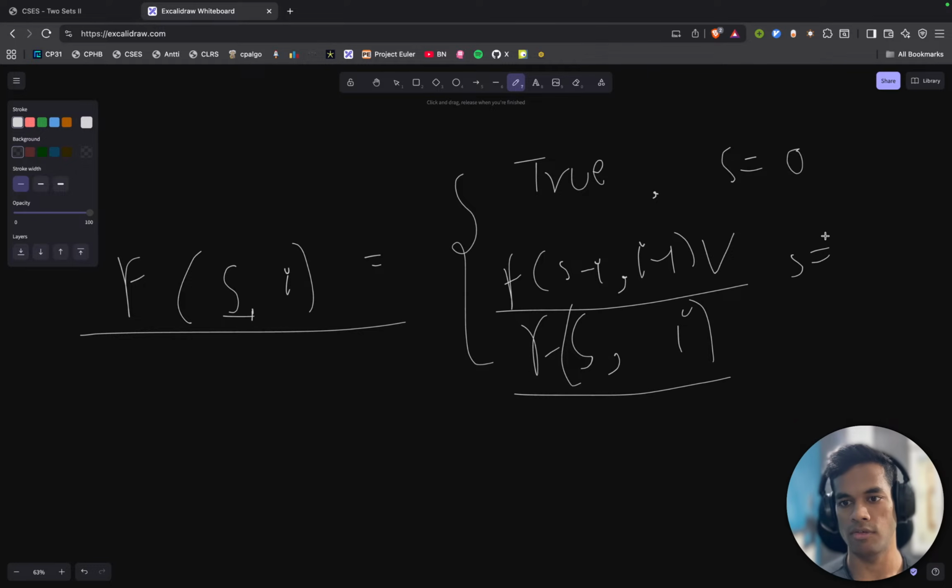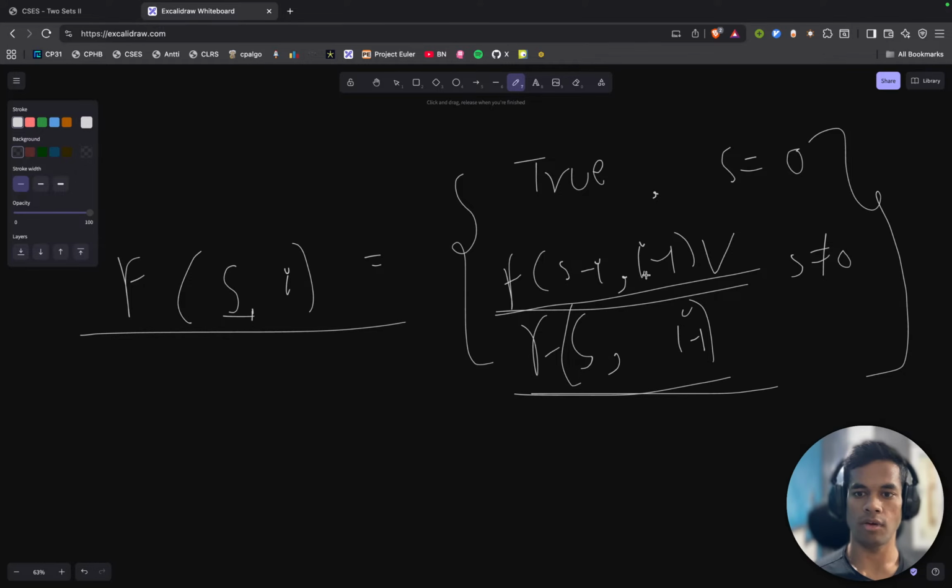This only depends on i minus 1, and also on the current s or the s that was before.